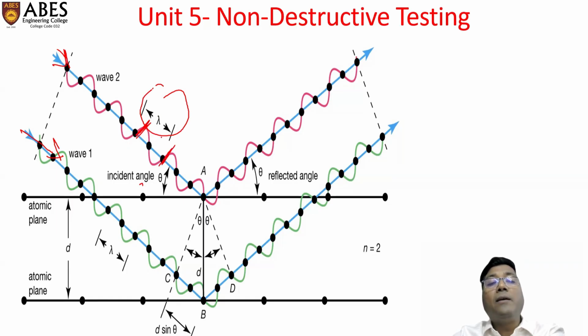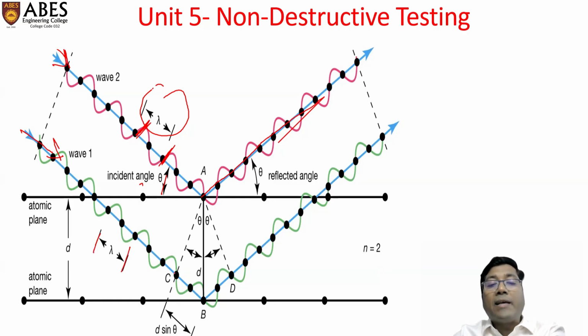This is lambda, and having an incident angle of theta, then the reflected angle would also be theta. And similarly for wave 1 also, the incident angle is theta and the reflected angle is theta. And here also the wavelength is lambda.